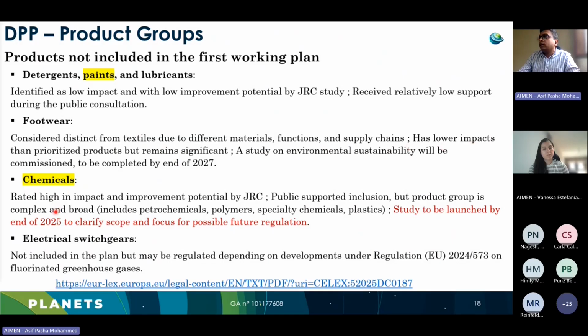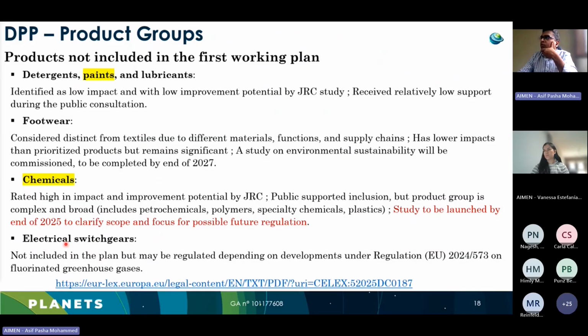Chemicals were rated high in impact and improvement potential by the JRC, but the product group is complex and broad. It includes a lot of other materials, chemicals, polymers, and so on. But a study to start looking into chemicals will be launched by the end of 2025 to clarify scope and focus for possible future regulation.